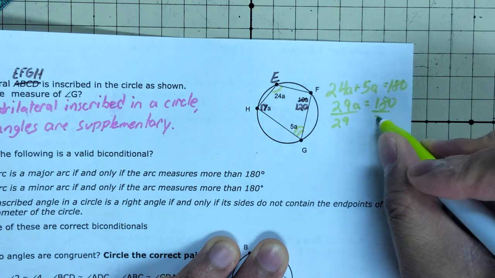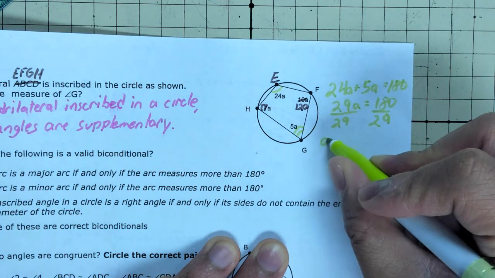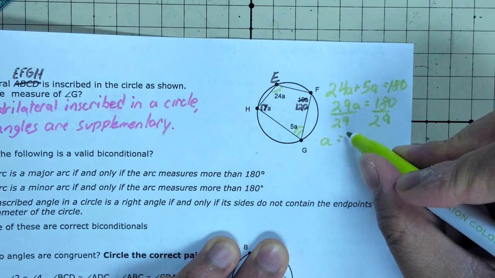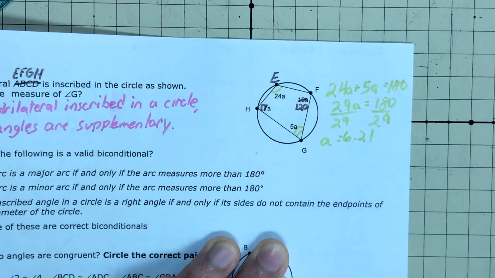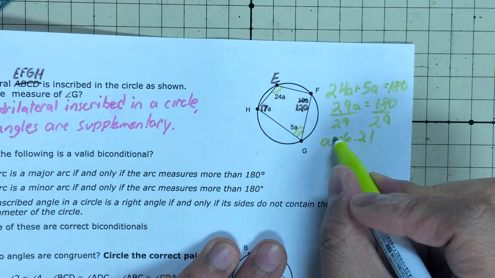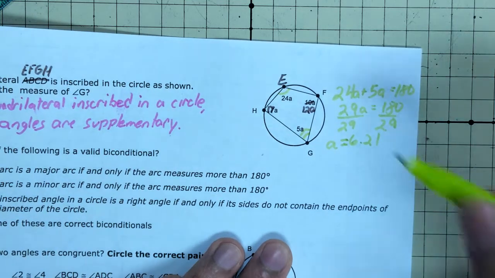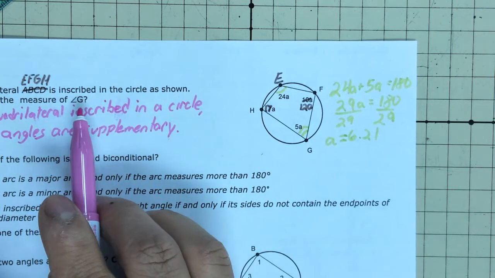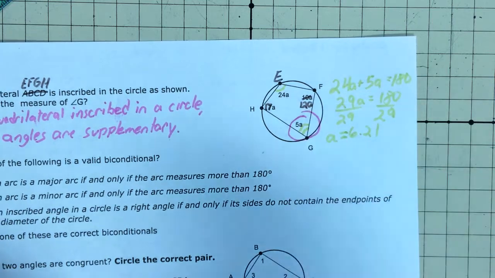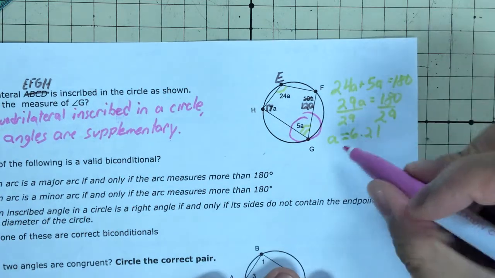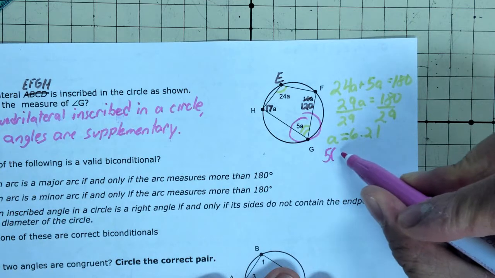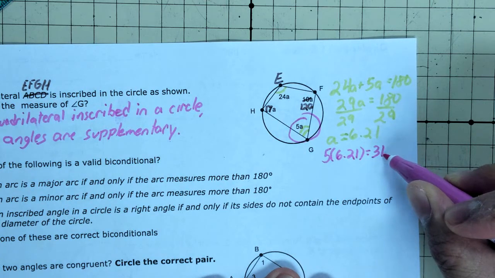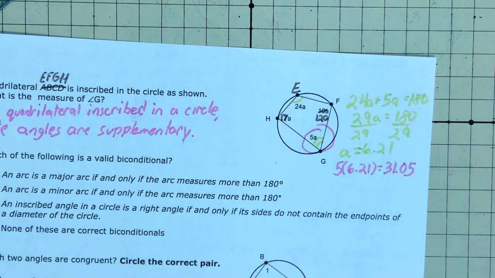Dividing both sides by 29, we get A equals, let's see if I remember this correctly, 6.21. So A equals 6.21, but our goal is to find measure G, which is over here. G is 5A. So lastly what we can do is plug in 6.21 to get 31.05, which is what angle G is.